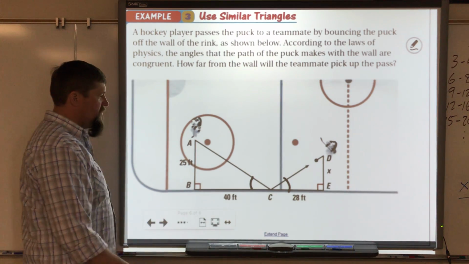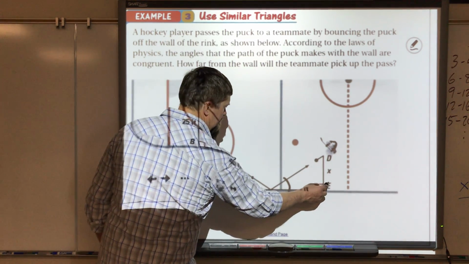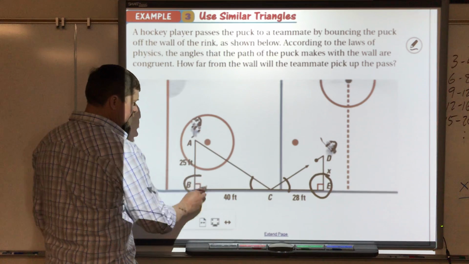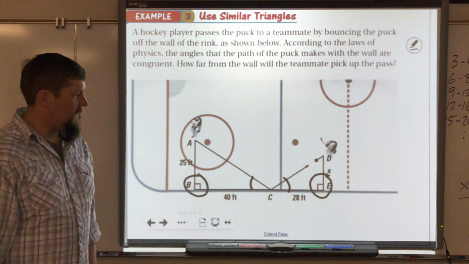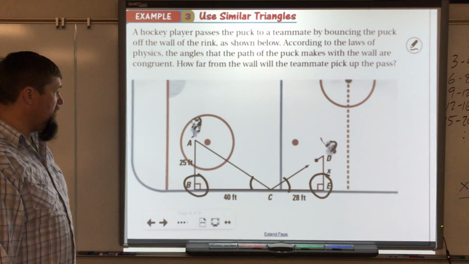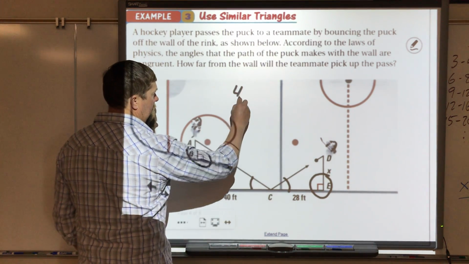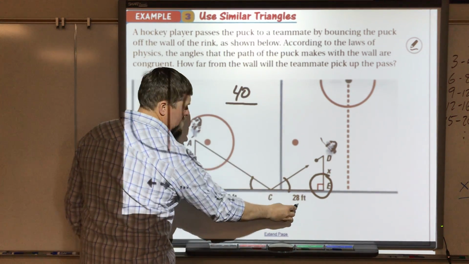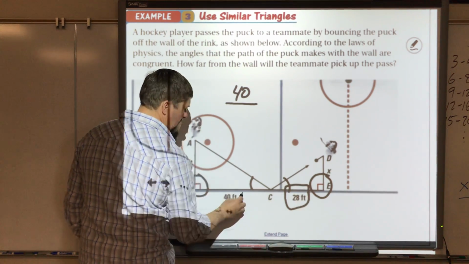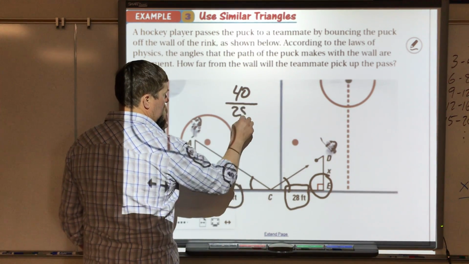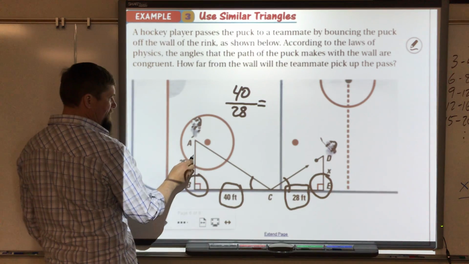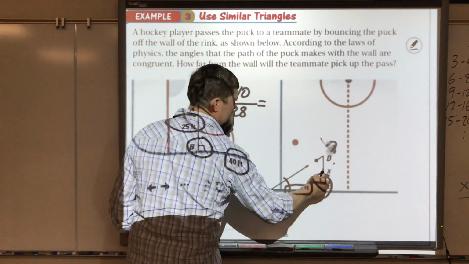If these are congruent and these are congruent, these two triangles are similar. So we know that 40 compares to 28 as 25 compares to x.